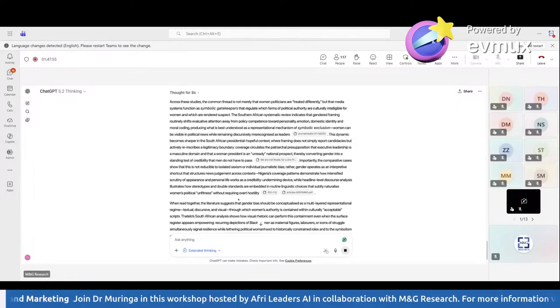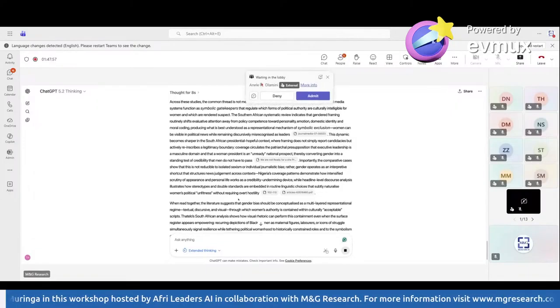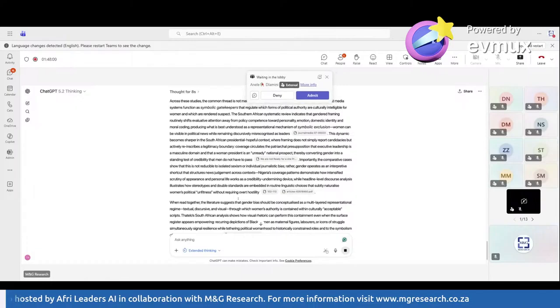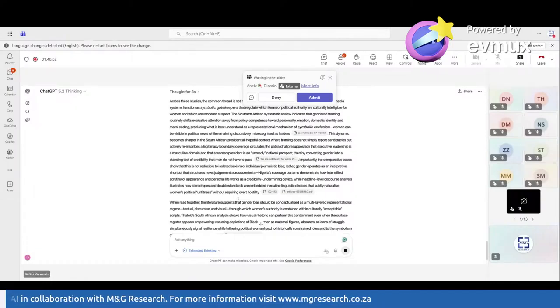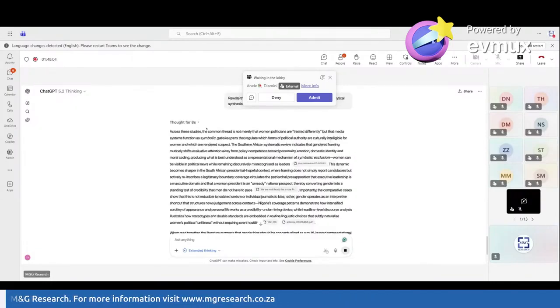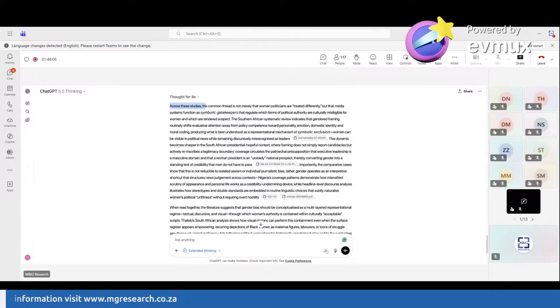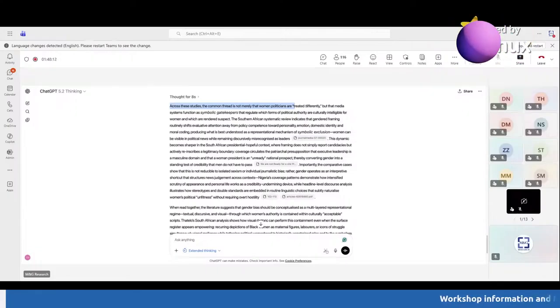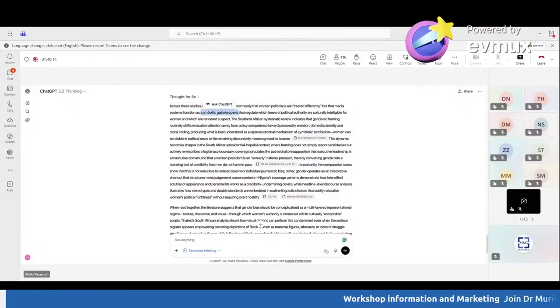Now it begins by saying across studies, the common thread is not merely that women politicians are treated differently, but that media systems function as symbolic gatekeepers, right? And I love symbolic gatekeepers because this is a pattern. It's moving towards patterns identified in studies.